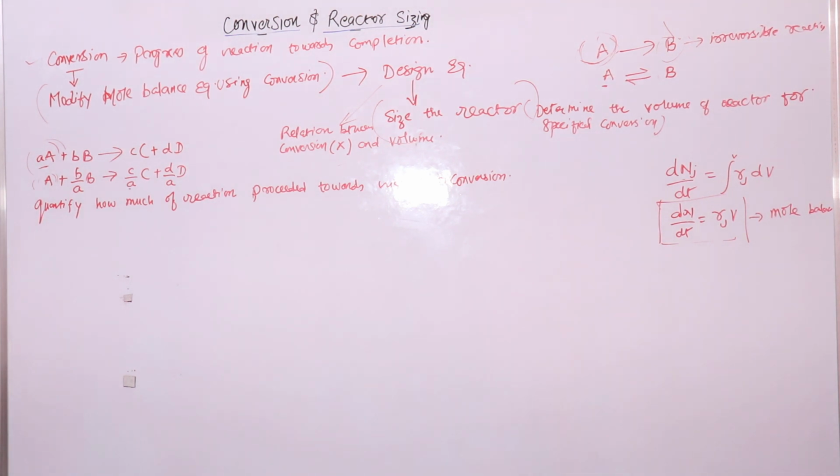So here we would be calculating the conversion factor in terms of 1 mole of A. If we fed 1 mole of A, how much of A will react, right.